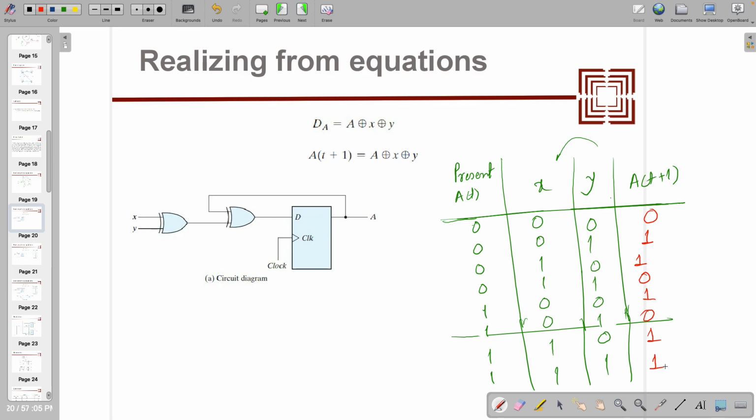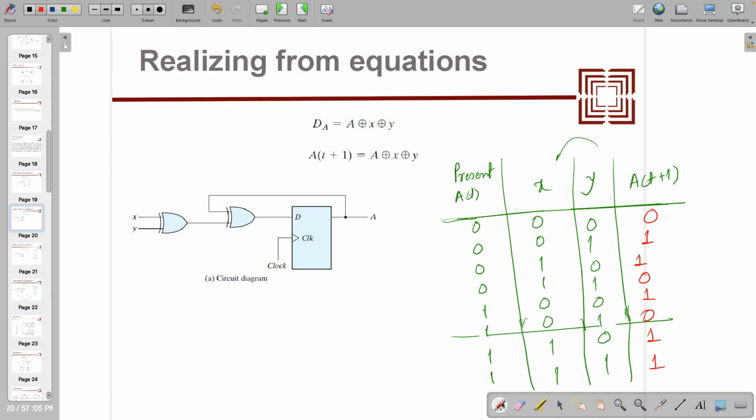Note that we have only one flip-flop. So how many possible states will be there? Only 2, right? And what are those states? 0 and 1 only. Am I going fast or do we follow till now?